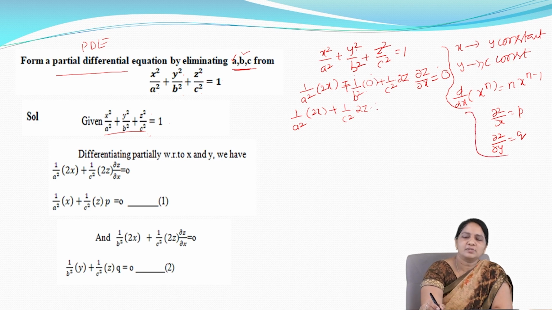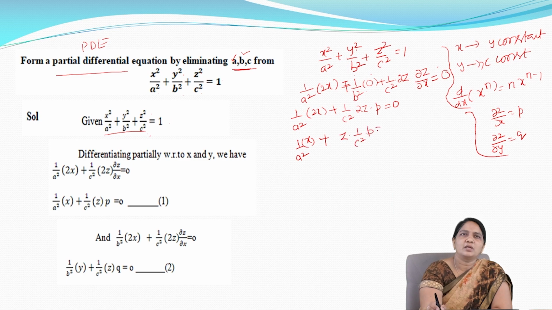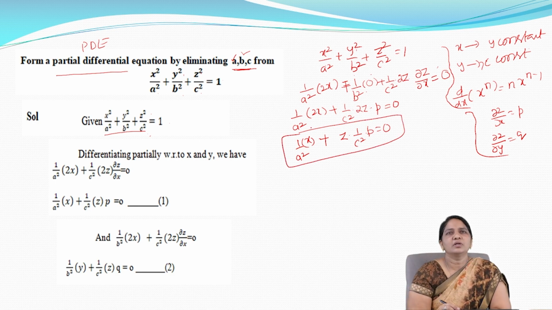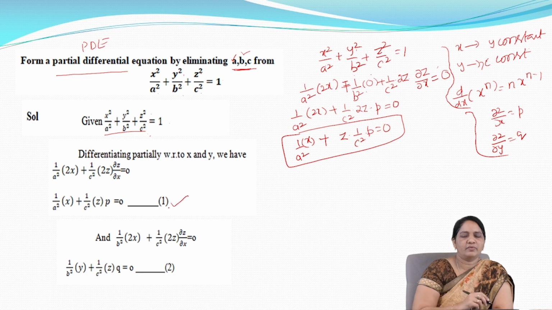So 2z into p equal to 0. Here 2 is there in both terms, so I am taking it common. Finally I got x by a square plus z by c square into p equal to 0. This is the equation I got after doing the partial differentiation with respect to x.